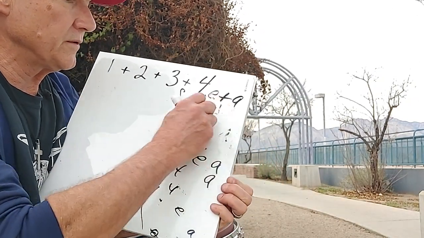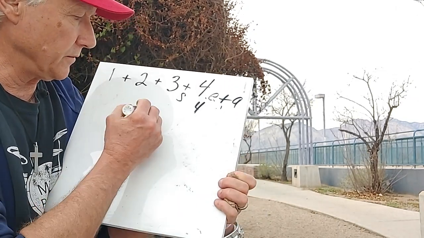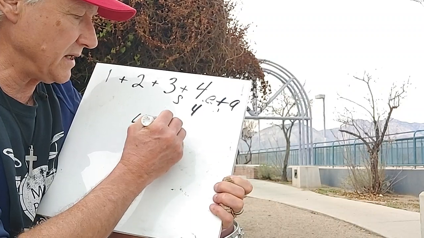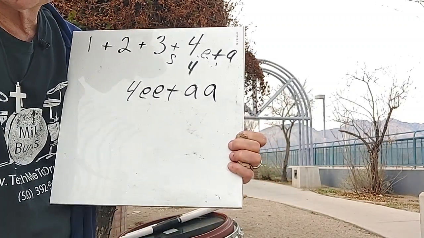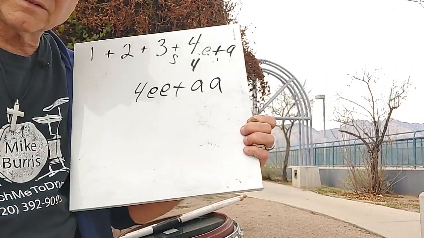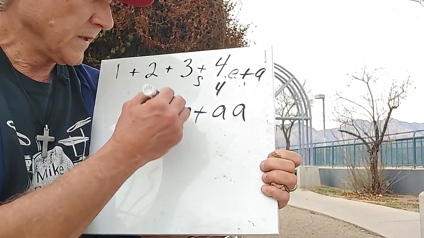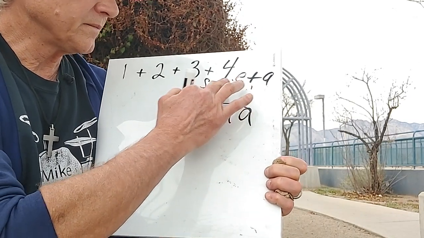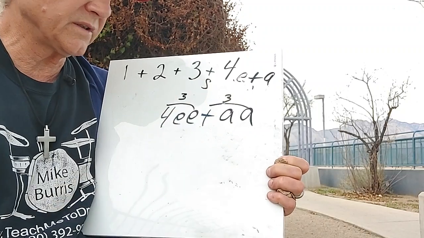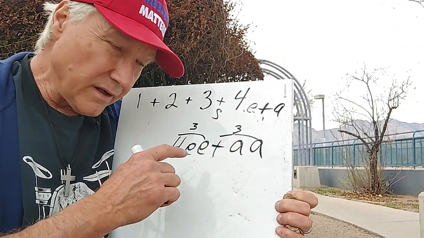Now, if you go into 4 E and all right, I would think of this as 2 groups of 3. And so sometimes they call these 16th note triplets. There's like 16 notes, 4 E and a, but they're triplets.